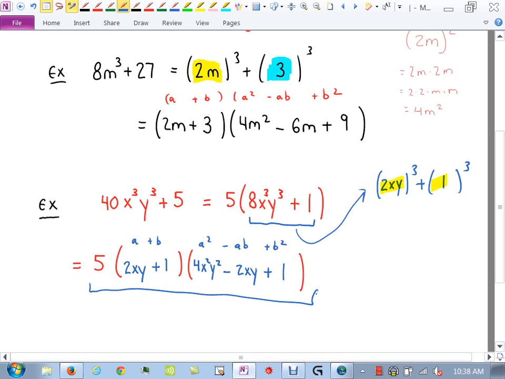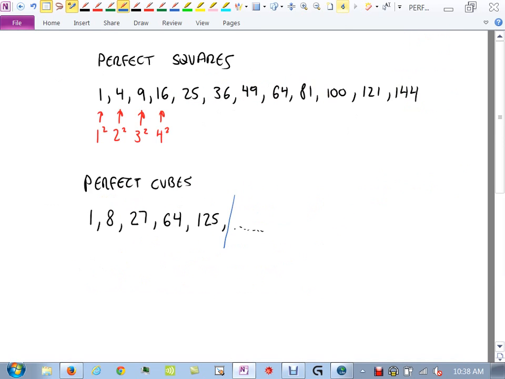Now, we only have 7 minutes left, but I want to give you the next formula, because the next formula is very similar to this formula. You apply it the exact same way. So let me show it to you. This will be our last formula for 2 terms.